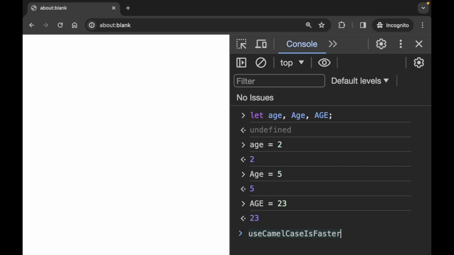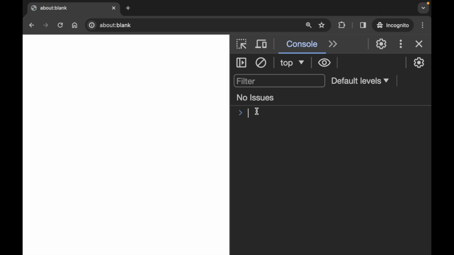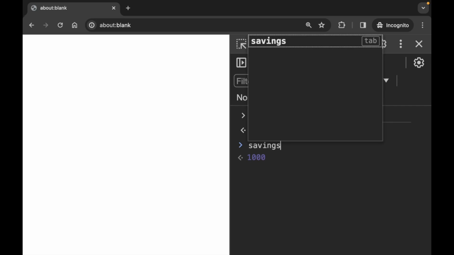Now, another thing that we can do is we can have something called increment and decrement. So let's do something like let savings. Let's say that you have $1,000 in your savings account. If you want to add money to your savings, do savings plus 100.